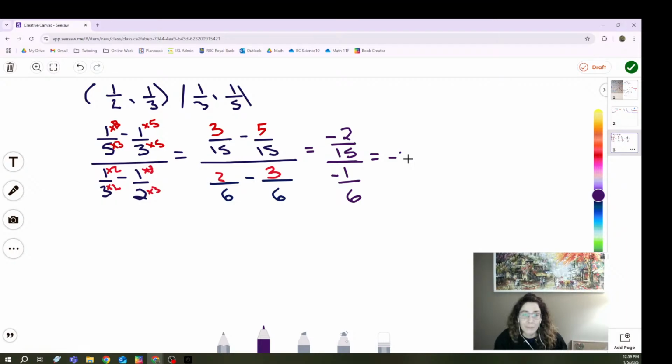We change it to multiplication. We're going to flip the second fraction. So instead of a -1 over 6, it's going to become 6 over -1. Now we can multiply these together. Not cross multiply. That's if we're finding a missing value, if we know 3 and we're missing 1. But if I just straight across.